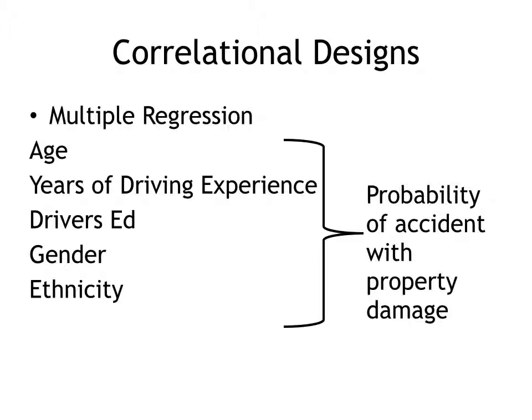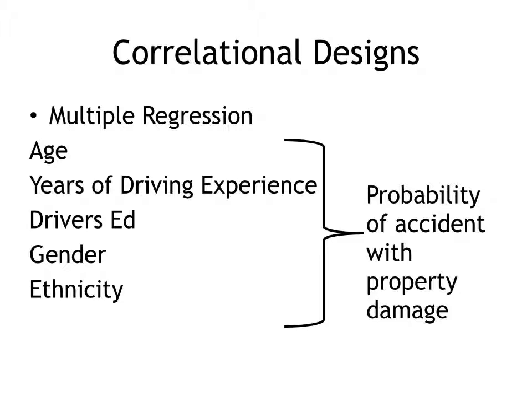And I list out on the left all of the variables that probably could explain that probability of accidents happening. I could look at the age of the driver, how many years of driving experience the driver had, whether this driver had driver's ed classes, the gender of the driver, the ethnicity of the driver, and you can think of others.